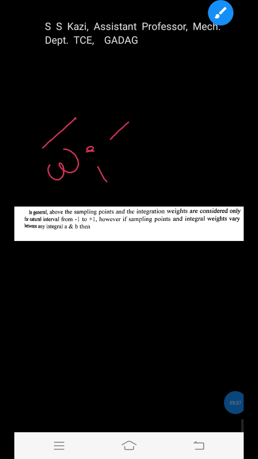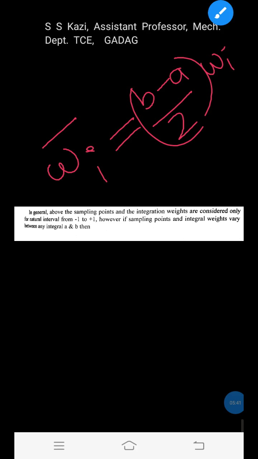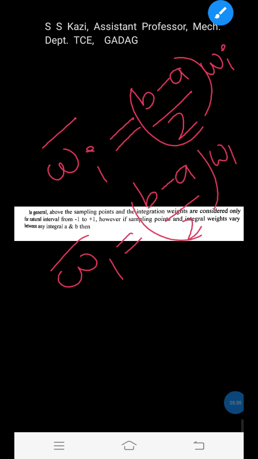Wi bar, where i is equal to 1, 2, 3 and so on. Okay, those are the Gaussian points. Wi bar is equal to (b minus a) divided by 2 into Wi, where i is equal to 1, 2, 3, 4 and so on. If we want to find W1 bar, then i is equal to 1, you put (b minus a) divided by 2 into W1.